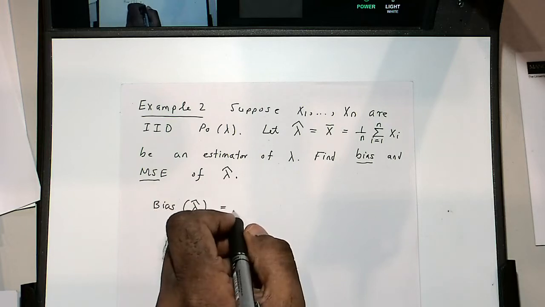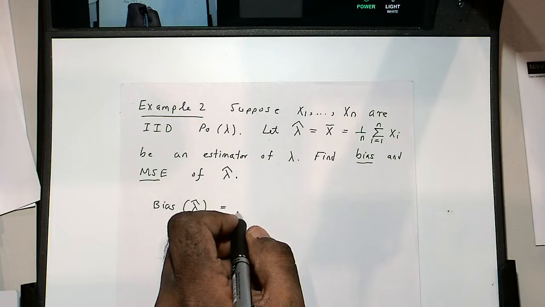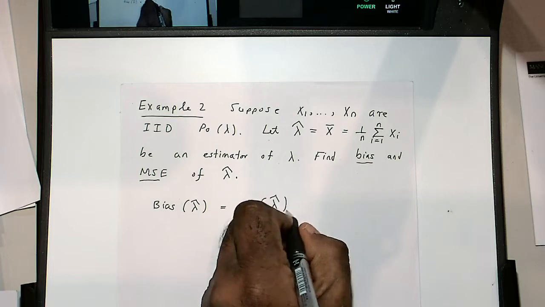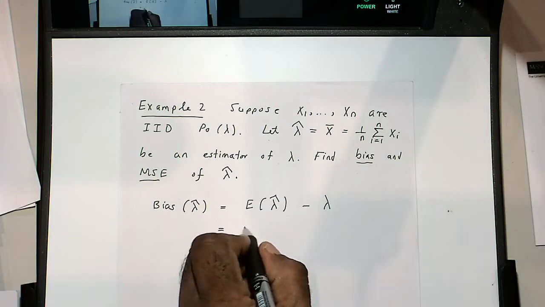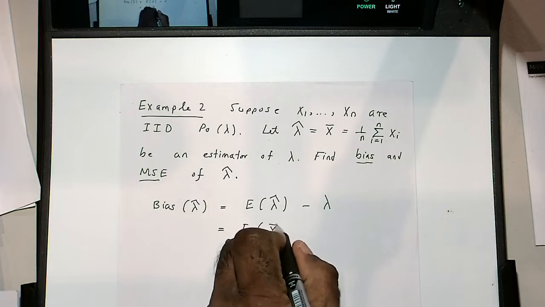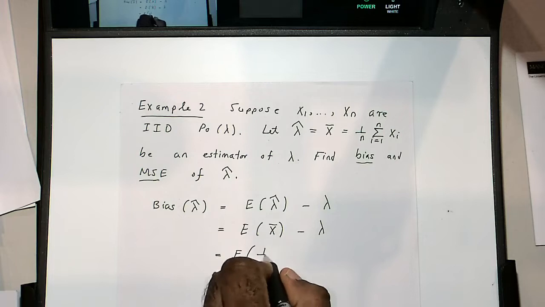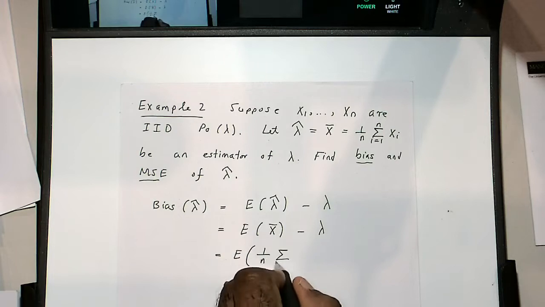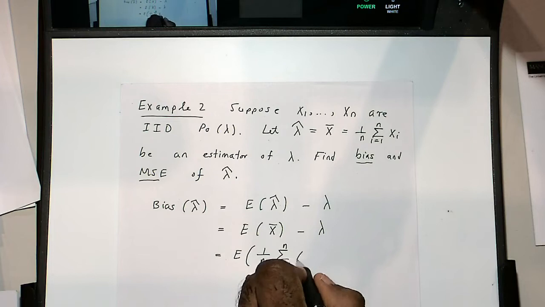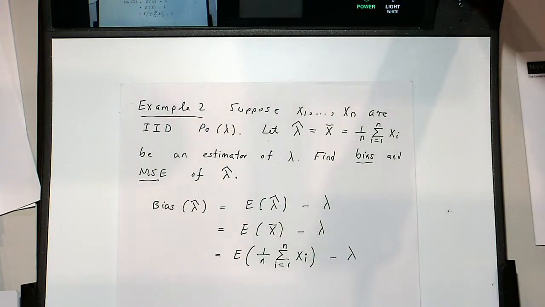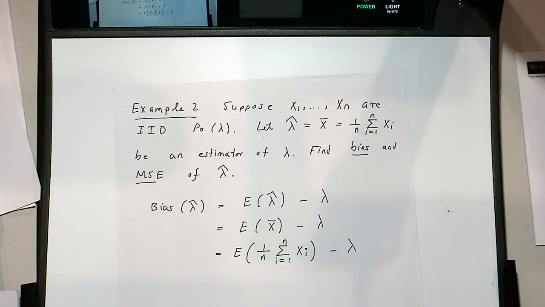So I'm using this definition here once again. The bias is defined by this, right? So this is the expected value of lambda hat minus lambda. So this is the expected value of x bar minus lambda. Now I'm going to take the expectation inside the brackets. So you get 1 over n.